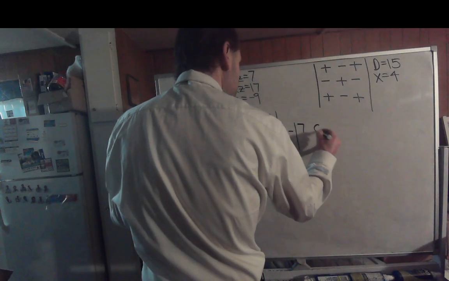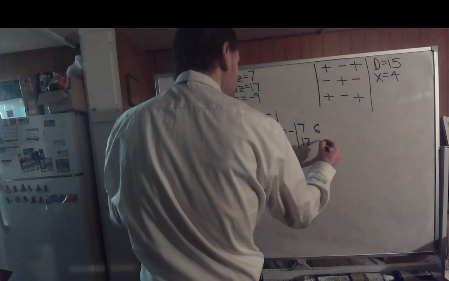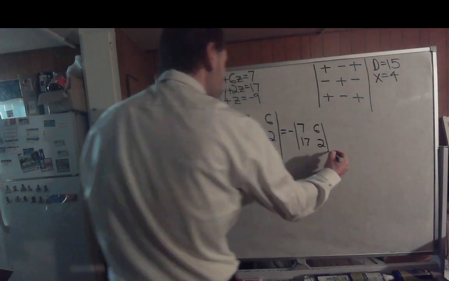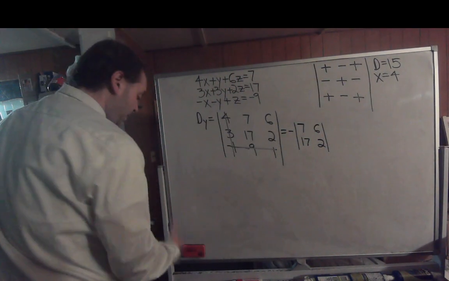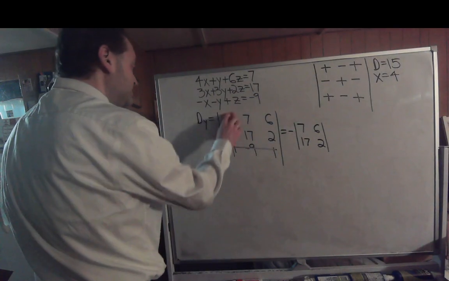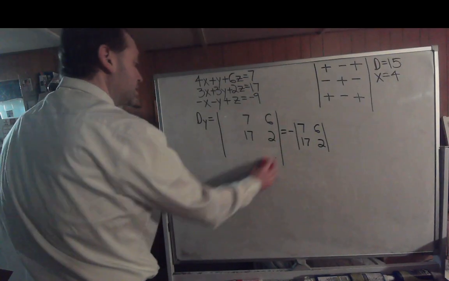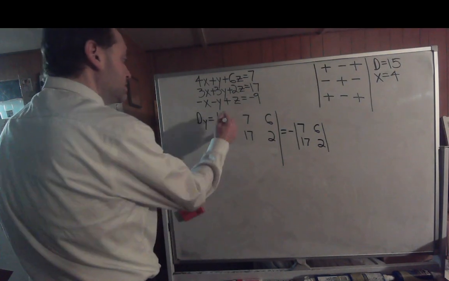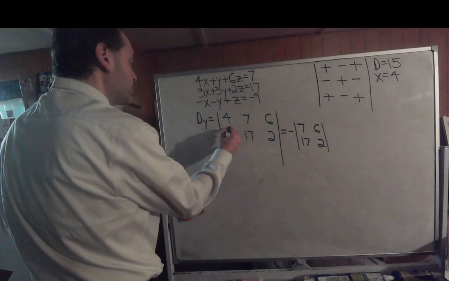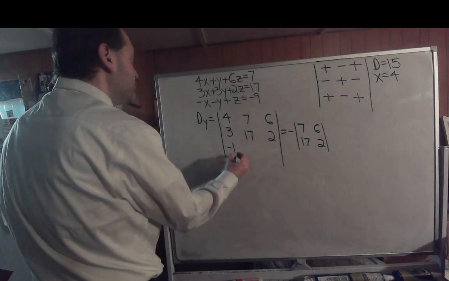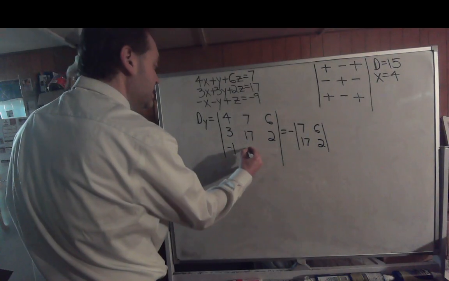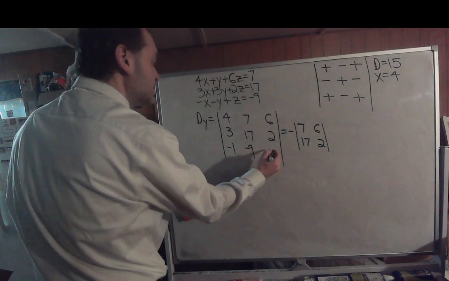Alright, so we have 7, 6, 17, and 2 for the first determinant. Now let's figure out the second one. Let's see, 4, 3, -1, and this would turn into -9, 6, 2, and 1.